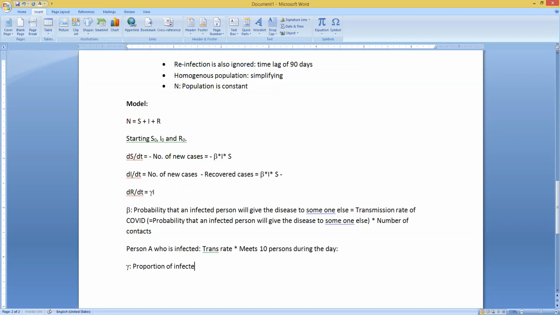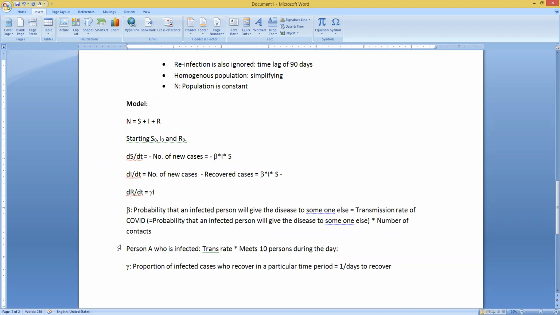So this is the proportion of infected cases who recover in a particular time. This can be defined as 1 by days to recover.